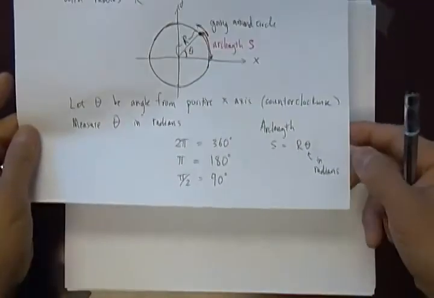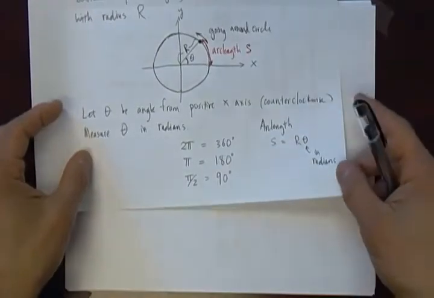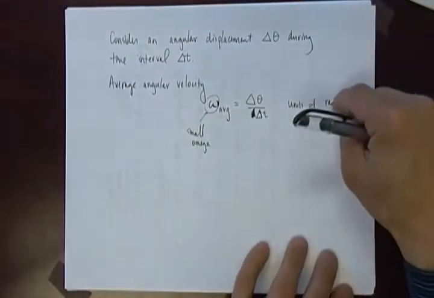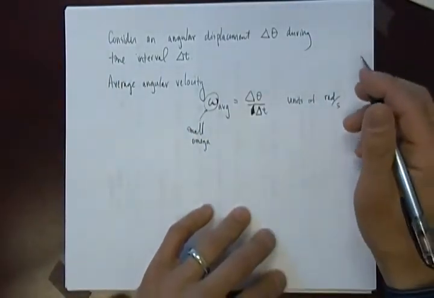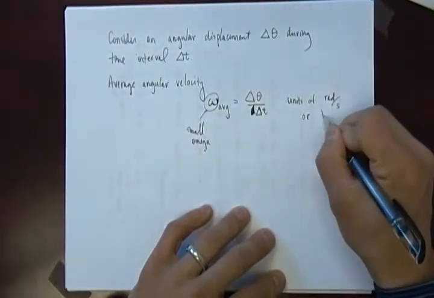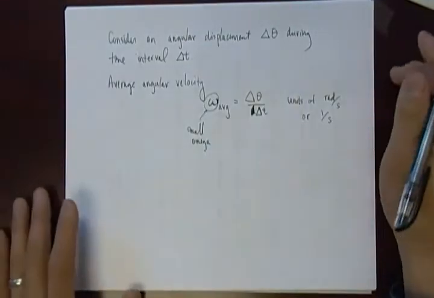So sometimes you'll find it convenient to just drop the radians when you want to. So you'll see funny equations where you have radians all over the place, and then in the final answer you just drop the radians, and that's sort of implicitly done sometimes, leaving 1/seconds.